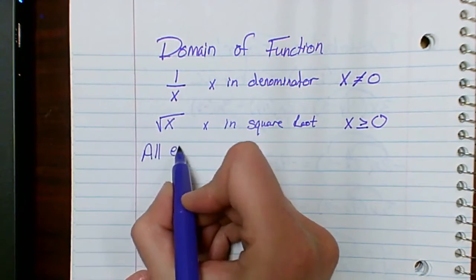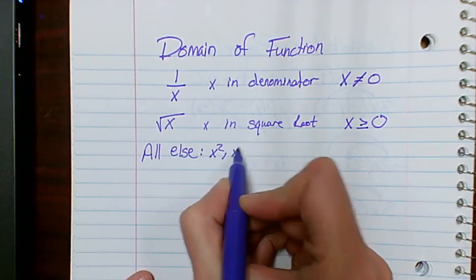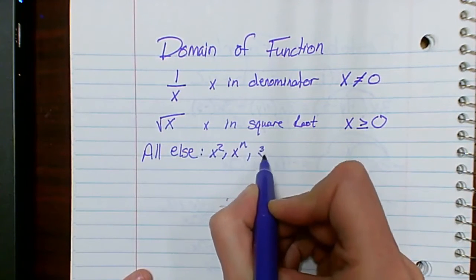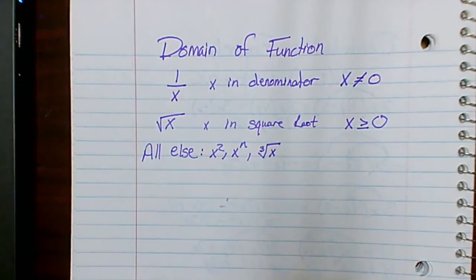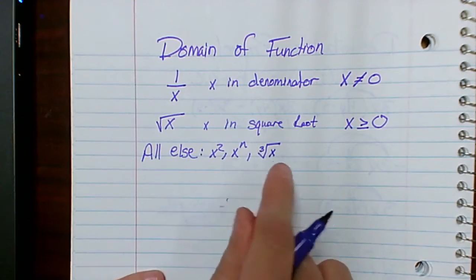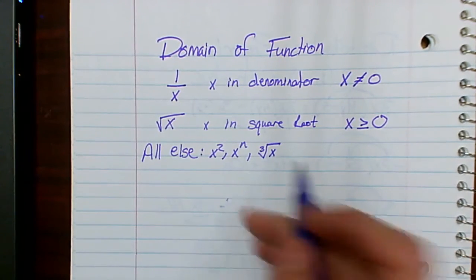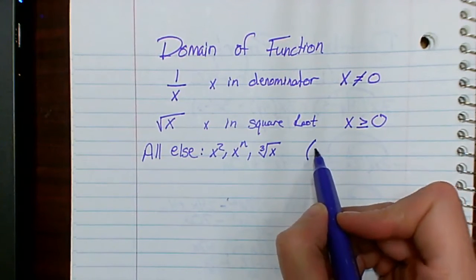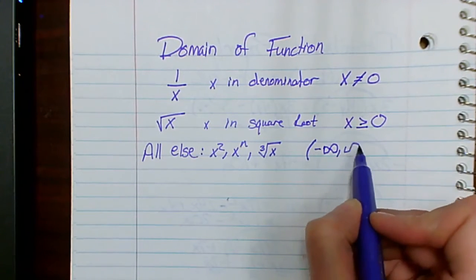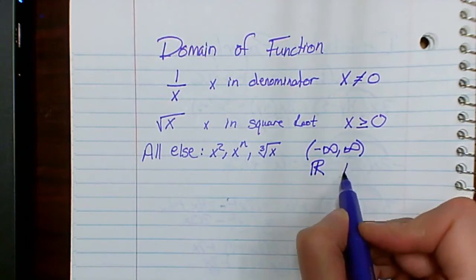All else, whether you have x squared or any x to the nth power, the cubed root of x, or any odd index of a root, anything else you have, the domain will be negative infinity to infinity or all reals.